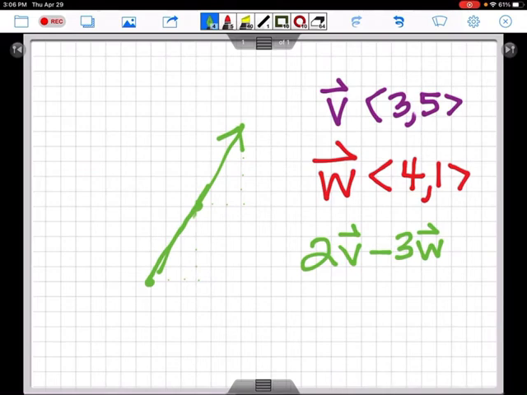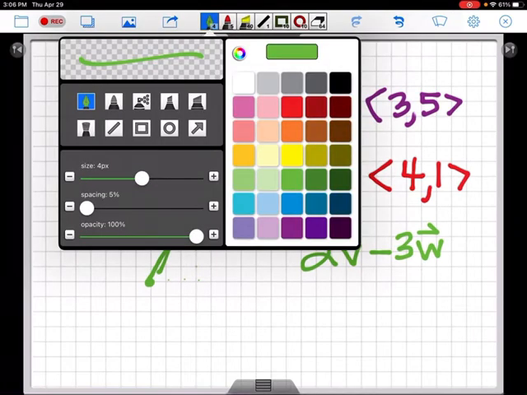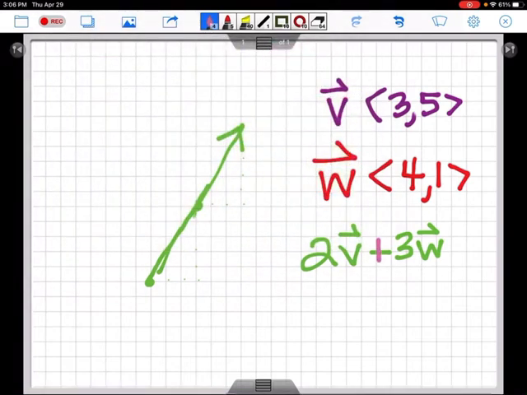Biggest thing to know about this guy with subtraction is that we aren't going to really think about him as subtraction. We're going to think of him as adding a negative 3w. So we're going to start on the end of this, and we're going to add a negative 3w. So w was 4, 1. Like I just said, that negative basically switches them around.